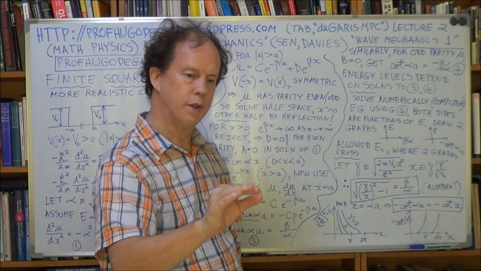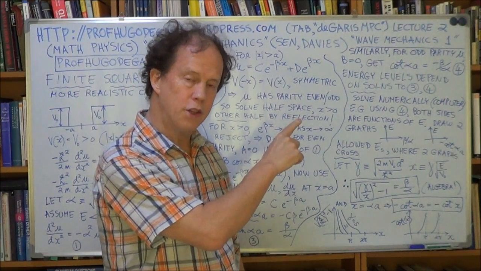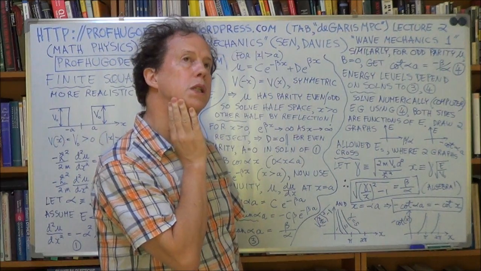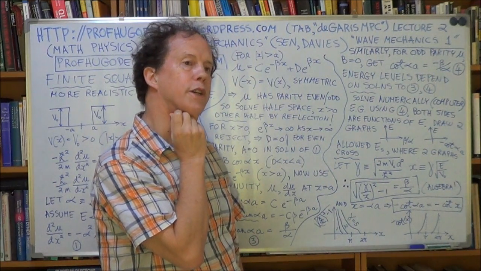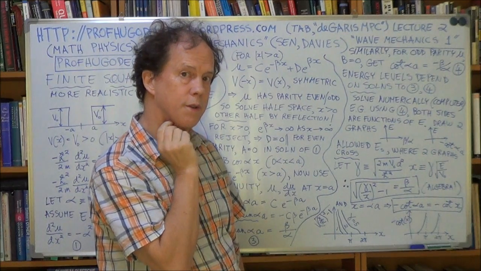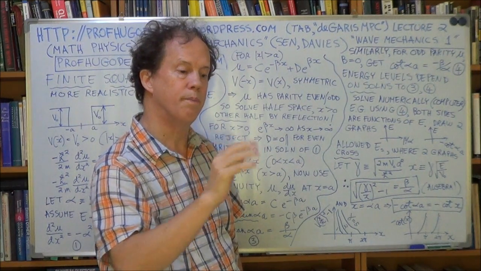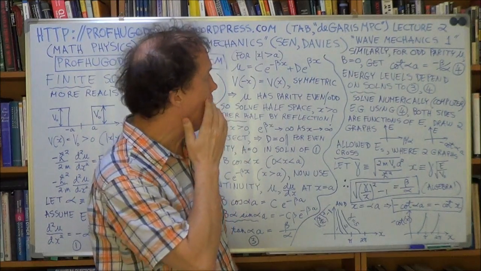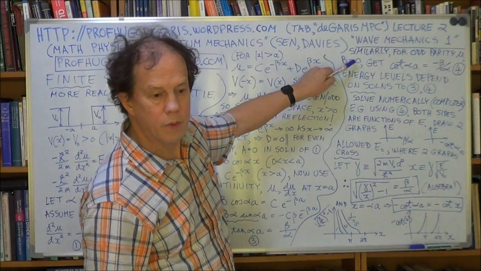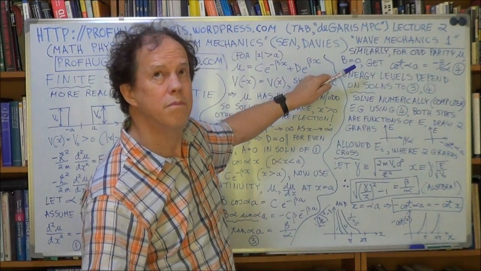You're doing the odd parity case, so you want u to be an odd function. So you have to kill off the even function, and that's the cos, because cos is an even function. So you want the b to be 0. That leaves you with a sine.